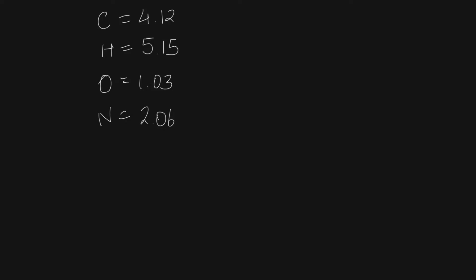As you should remember, we are going to divide all 4 of these numbers by the smallest one, which in this case turns out to be 1.03. So you divide all of these by 1.03, and the answer you get would be 4 for carbon, 5 for hydrogen, obviously 1 for oxygen, and 2 for nitrogen.